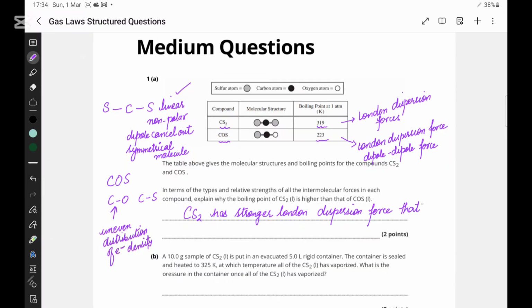That is why it has a high melting point and boiling point as compared to COS, which has a combination of both forces.